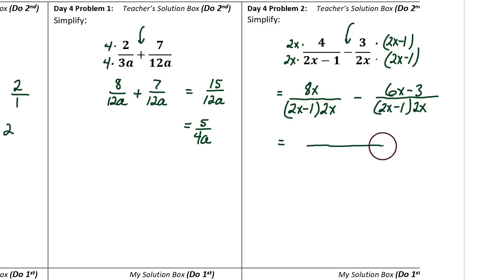The technique is to subtract the numerators and write the result on top of the common denominator. 8x subtract 6x is 2x. There's no constant here, but when we subtract negative 3, we get positive 3. So the result is 2x plus 3 over 2x minus 1 times 2x.